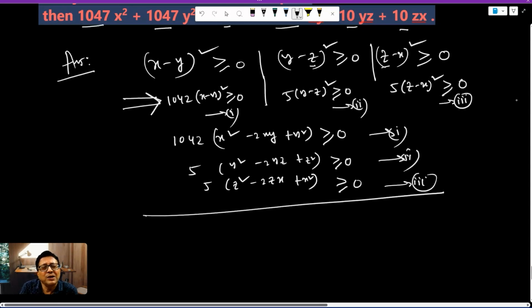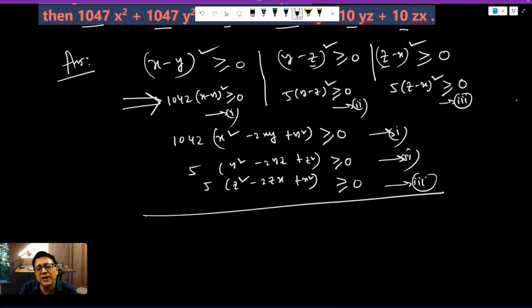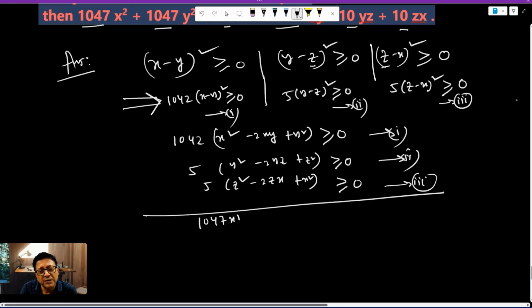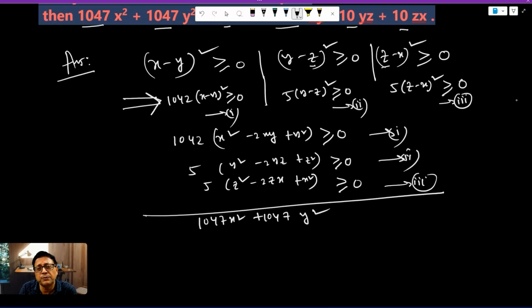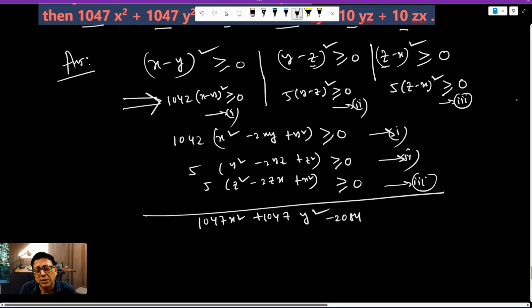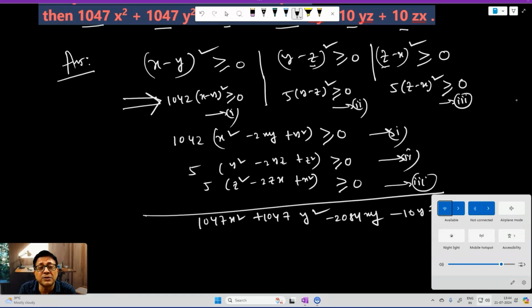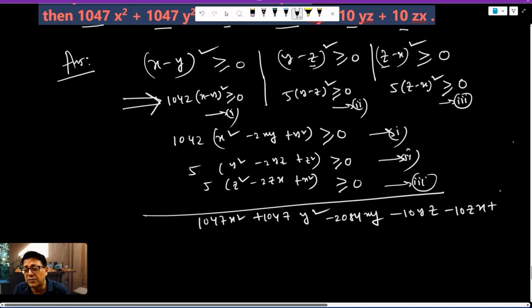Check. 1042 plus 5 x^2 here, and 1042 plus 5, and minus 2084xy minus 10yz minus 10zx, and z^2 also there. 5 plus 5, 10z^2 is greater than or equal to 0.